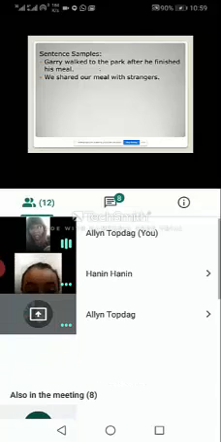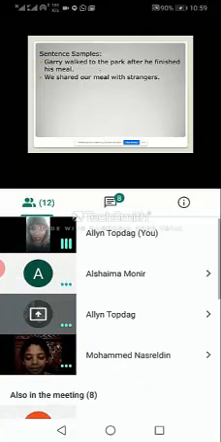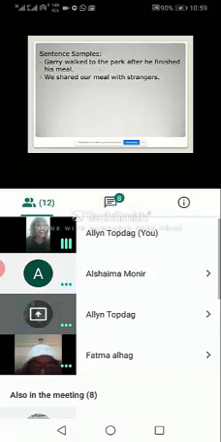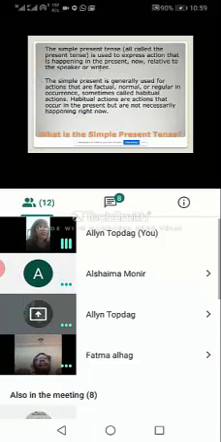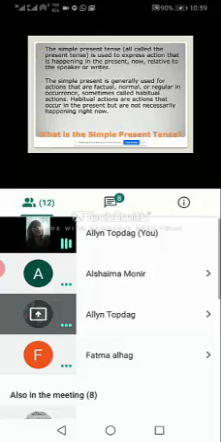Habitual actions occur in the present but are not necessarily happening right now. So guys, remember, when you use the present tense, make sure you use the simple present for actions that are factual, normal, or regular in occurrence.